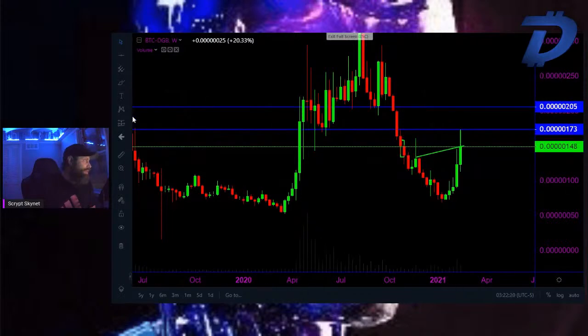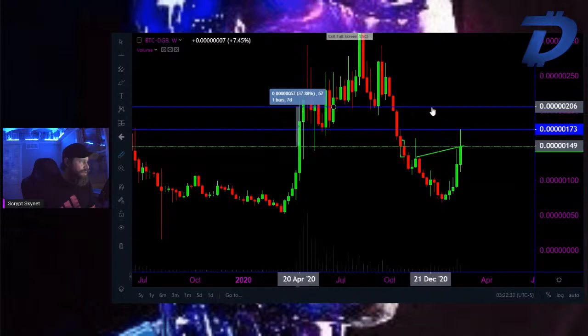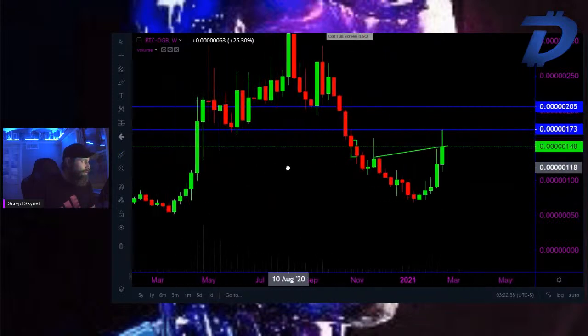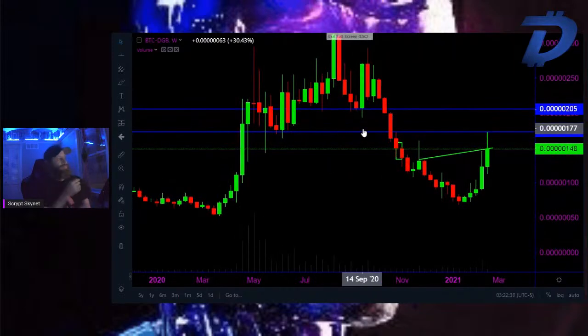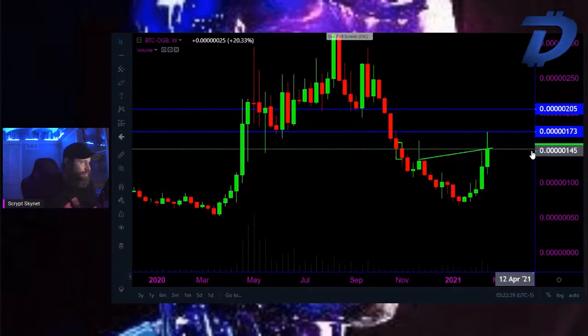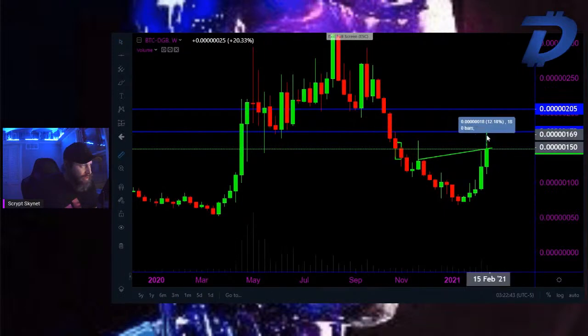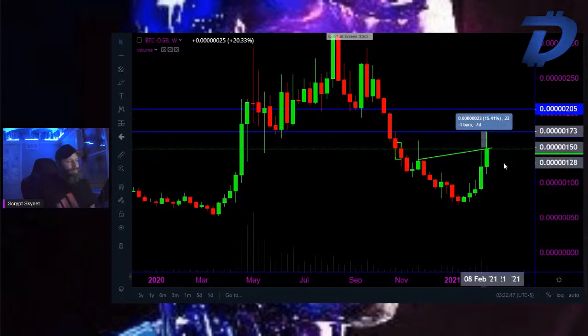Wow, what's the percentage on this? Let me just check it out. I'm going to see the percentage from here to here. That's 38%, just to this resistance. Really, if it breaks out here, we're looking at a 15% gain, 173 sats.